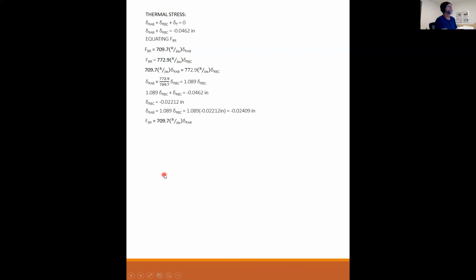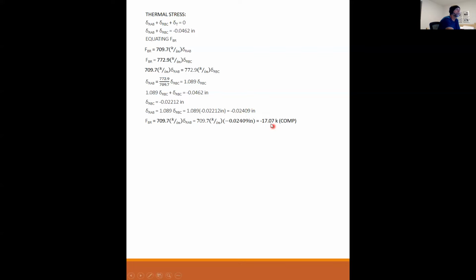So for the restraining force, I could use either one of these equations because they're equivalent, but I'm choosing to use this one. I can plug delta RAB into this equation here, and the restraining force is minus 17.07 kips. The sign of it is negative because the deformation was negative.